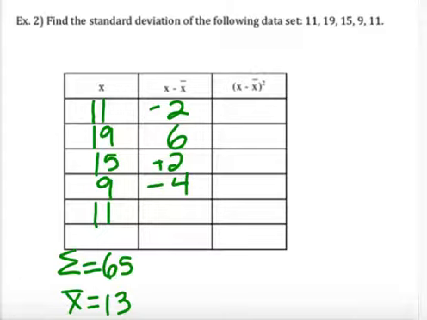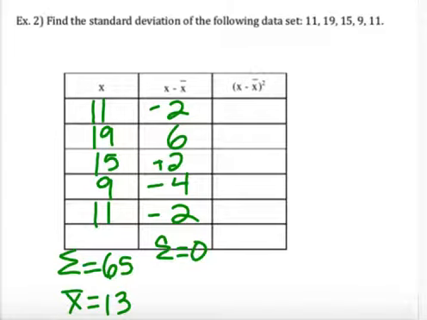And 11 minus 13 is our negative 2. And again, that checkpoint, if we add up this center column here, I can see I'm getting 8 and negative 8. So again, my sum here is 0.